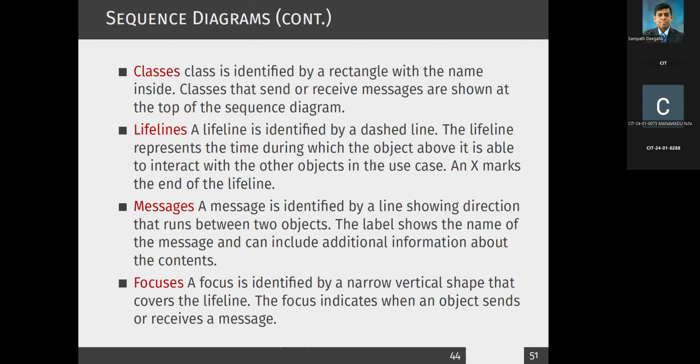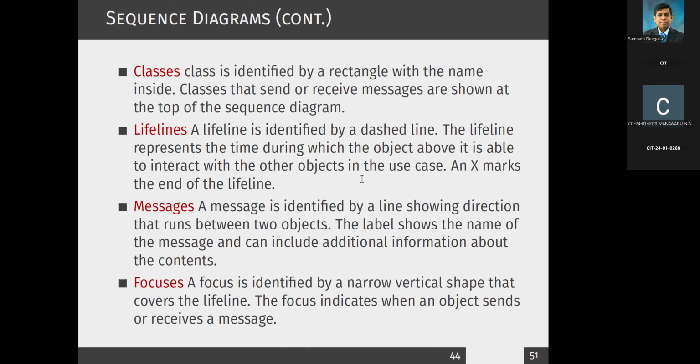The classes we identify using rectangles with the name inside, then lifelines, the dashed line, which represents the time duration of the object's interaction with the other objects. The X mark or the cross mark we use to indicate the end of the lifeline. Then you have messages, with the direction running between the two objects, and the label shows the name of the message.